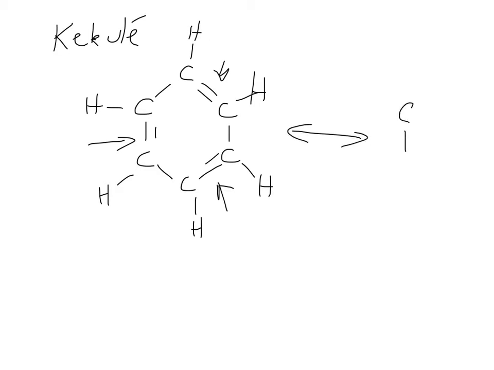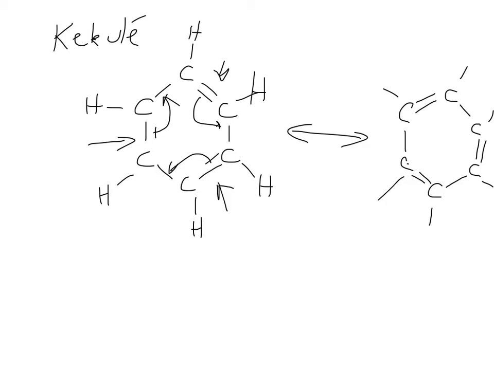Now, we can draw a resonance structure. I'm not going to draw the hydrogens in because I ran out of room. But there's a resonance structure where just the electrons change. But again, there's still a double bond there.